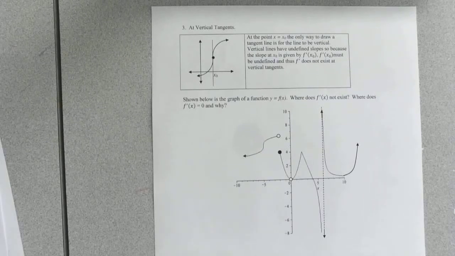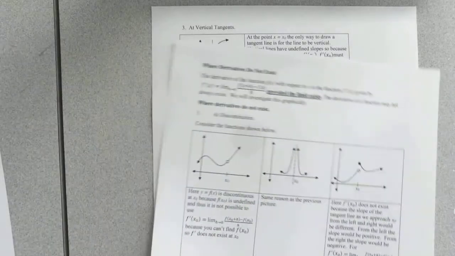Vertical lines have undefined slopes. The derivative gives the slope. Well, if the slope is undefined and the derivative gives the slope, the derivative is undefined. So again, you don't have to remember the why, but where you have a vertical tangent, the derivative doesn't exist because it's about the slope. At a vertical tangent, the slope would be undefined. If the slope is undefined, the derivative has to be undefined.